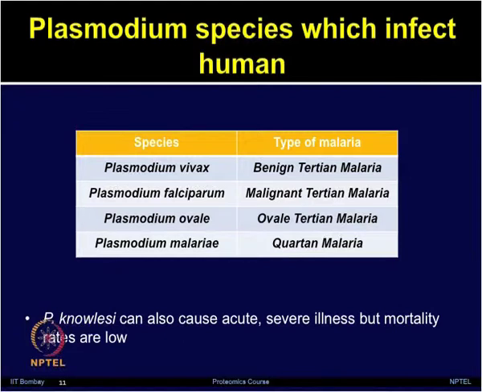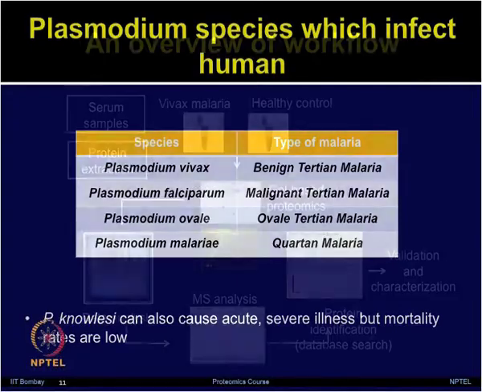In addition to these, Plasmodium knowlesi can also cause acute and severe illness, but mortality rates are quite low for this species. So, there are different pathogens of malaria, but Plasmodium falciparum and vivax are the prime targets for investigation because, as we discussed earlier, more than 95% of malarial cases worldwide are due to these two species.